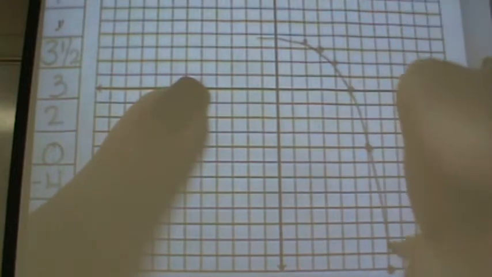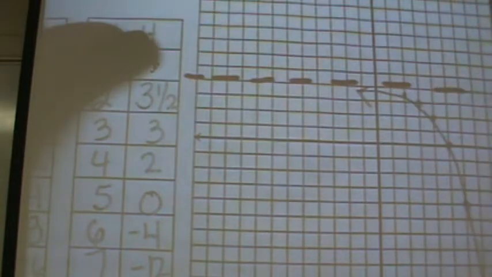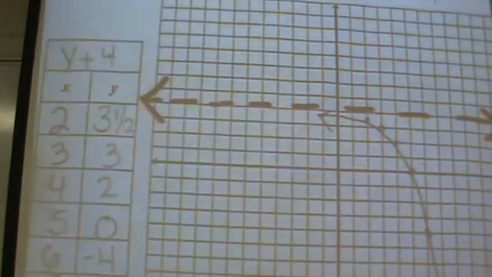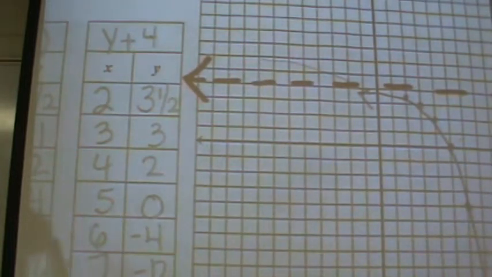Now, what should this smooth curve not cross? What line? What imaginary line? And I'm gonna do it with my marker. So this is what I want you to do. You're gonna lose a point if you don't put this broken line here. That's your asymptote. And you're also going to lose a point if your graph shoots past this line.